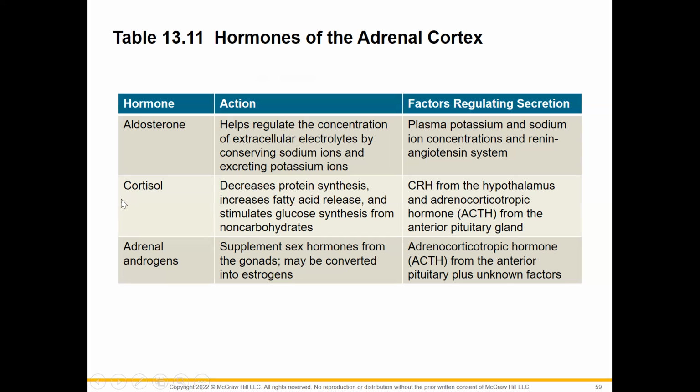You can make glucose from non-glucose or non-sugar molecules, all right, from non-carbohydrates. And this gluconeogenesis, basically making new glucose, occurs because of a rise in cortisol levels when a person is under fight or flight, when a person is under stress. All right. Adrenal androgens, these supplement sex hormones from the gonads, and may be converted to estrogens.